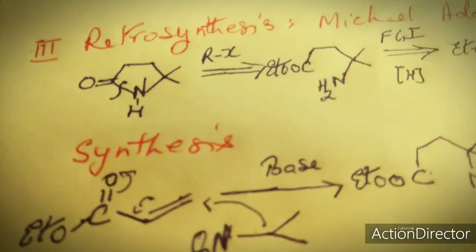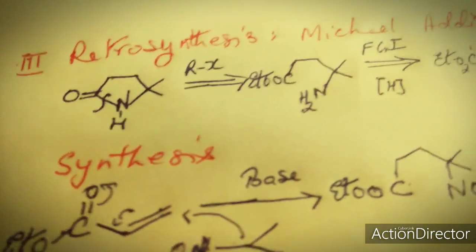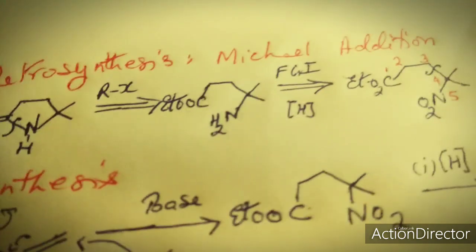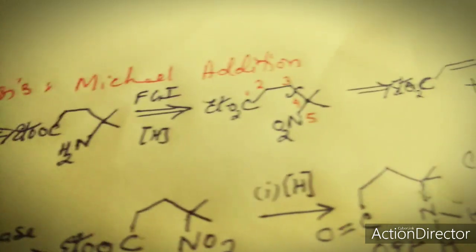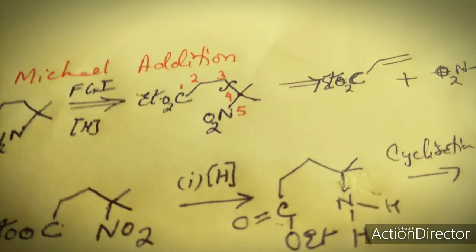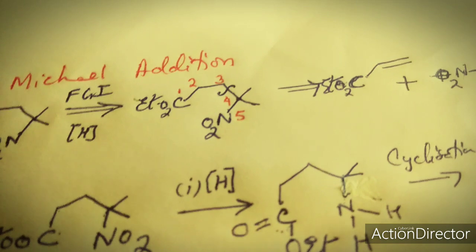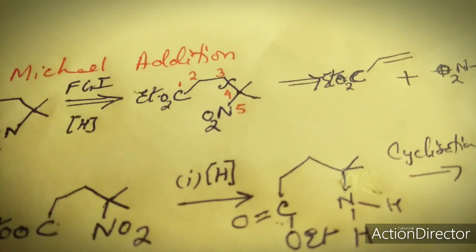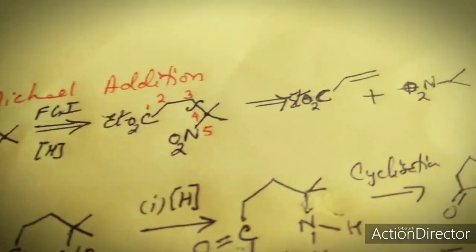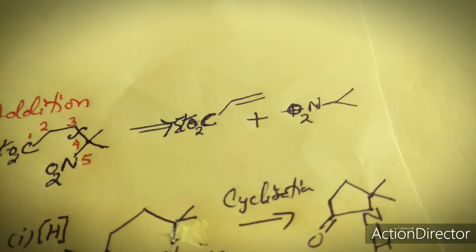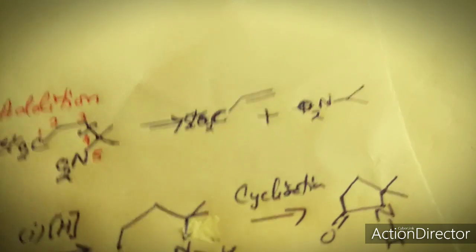The use of nitro compounds in Michael addition, and this is the synthesis starting from an alpha beta unsaturated carbonyl compound in the presence of a base to give this Michael addition product, which on reduction will give us this NH2 COEt, the H from the nitrogen, the ethoxy from the carbon will lead to cyclization. C2H5OH will leave, and therefore we will get this cyclic product.